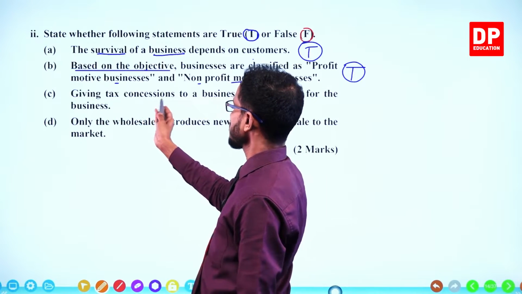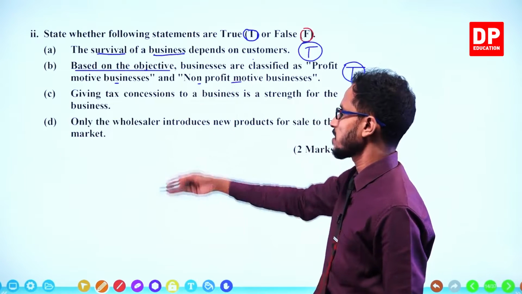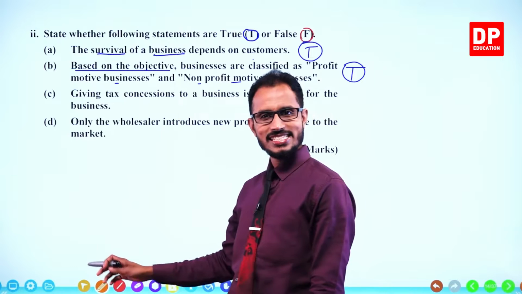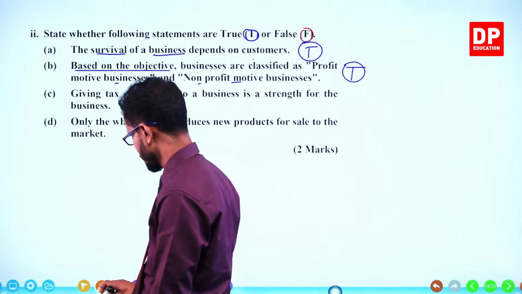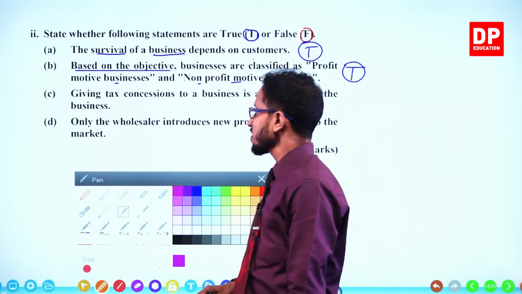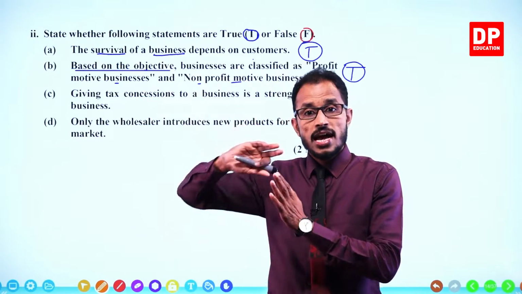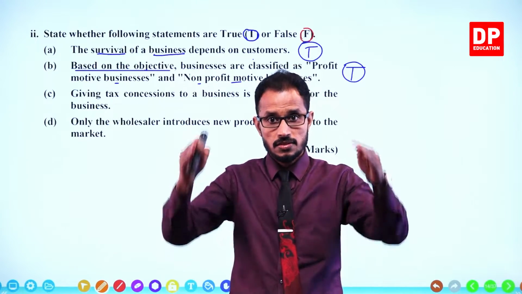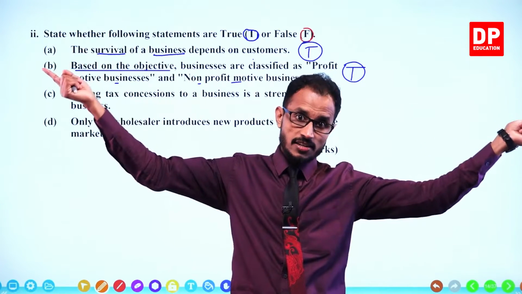Giving tax concessions to a business is a strength for the business. Well, that's not true, is it? That's not true. Giving tax concessions is done by the government, and government is in the external environment, not inside. Government is an external factor.